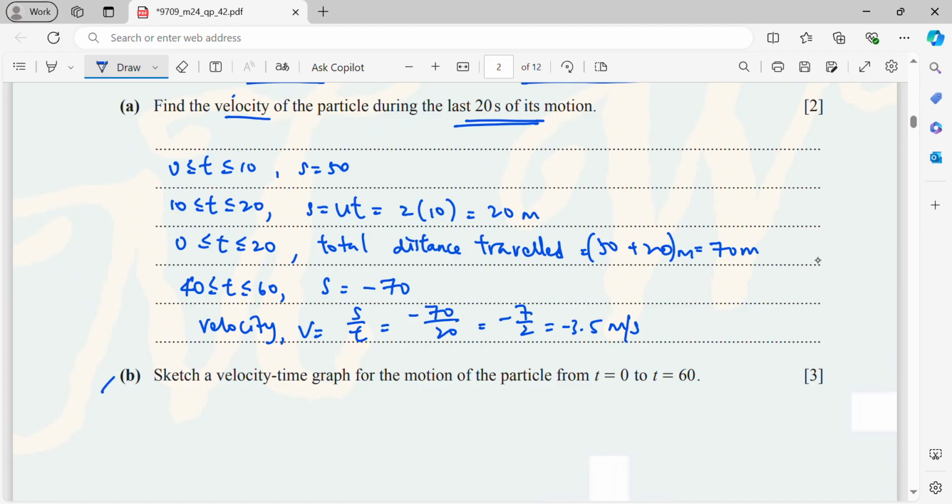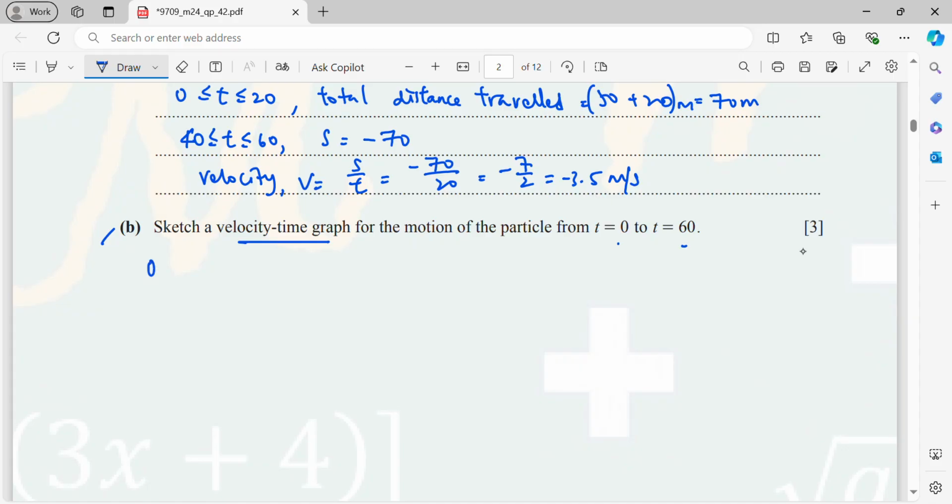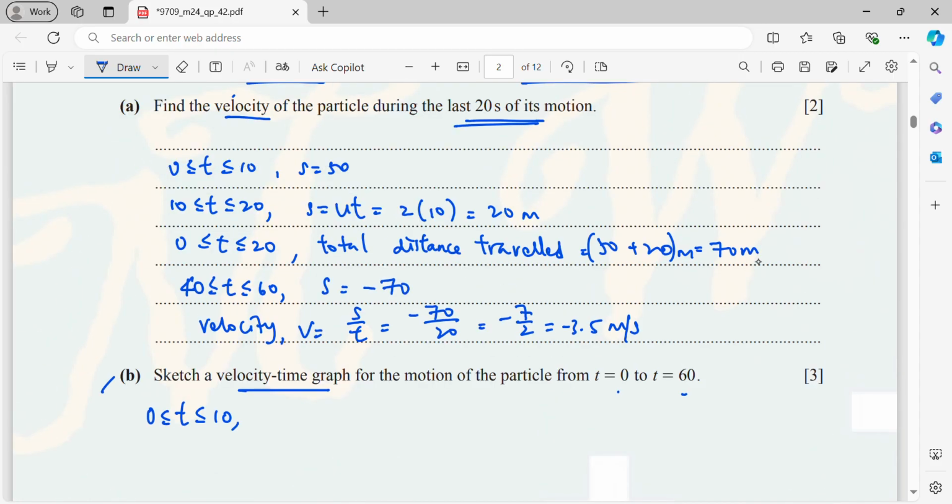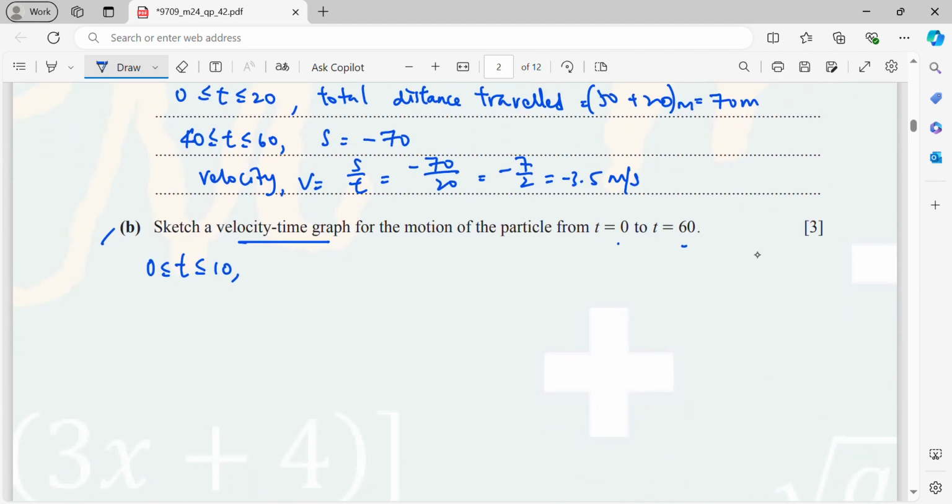Now part B, sketch a velocity time graph for the motion of the particle from t equals 0 to t equals 60. Alright, so from 0 to 10, we know that the displacement is 50. So the velocity will be s over t. That is 50 over 10. Then I will be getting 5 meters per second.